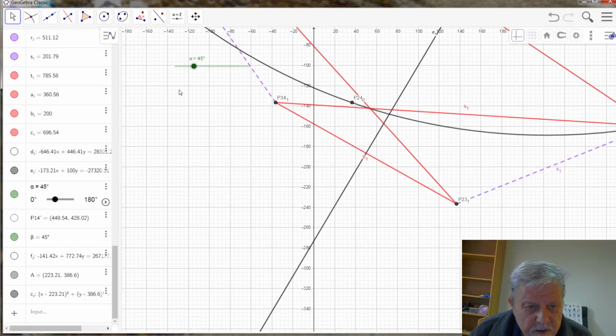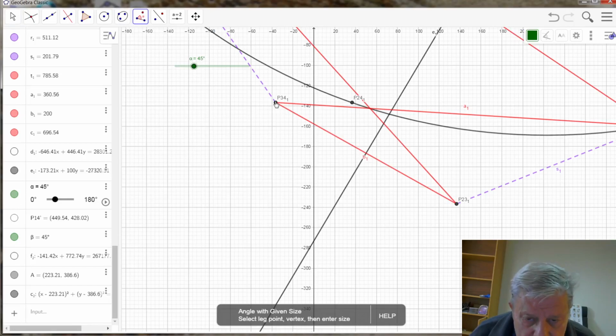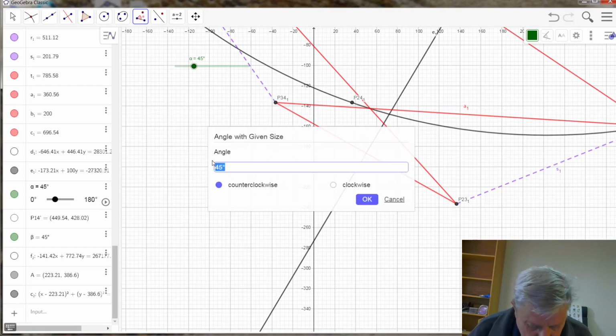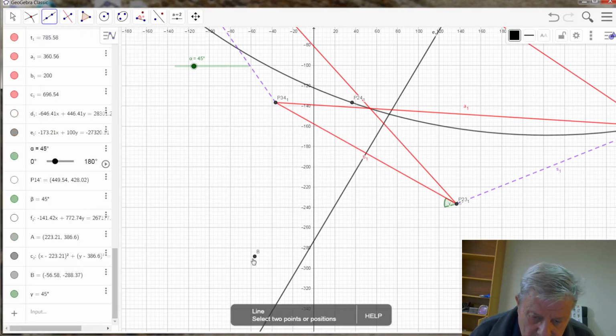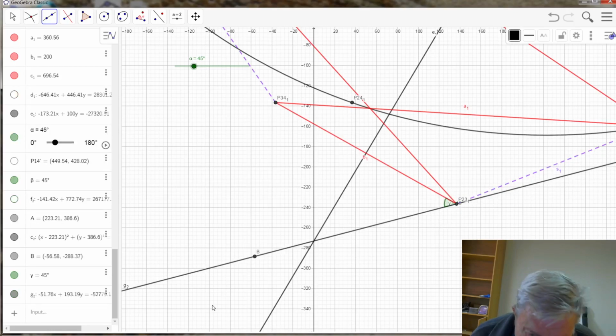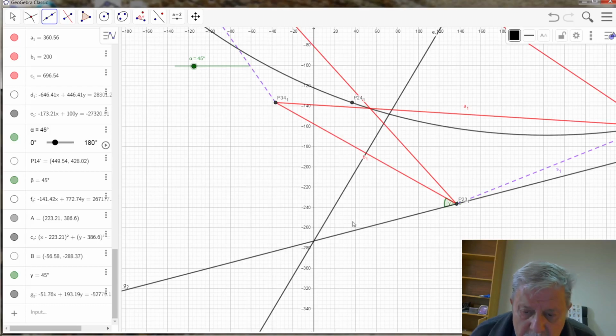It will be like this. So what I will do is angle with a given size from here 4 to 2, making an angle alpha in counterclockwise direction. Now it is this line. Hide this. The intersection is going to be over here.